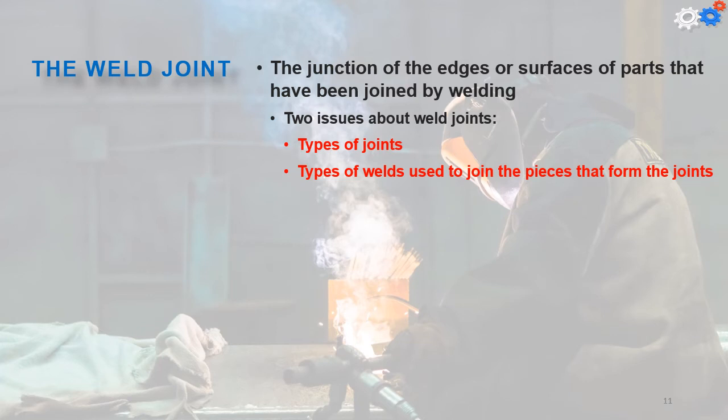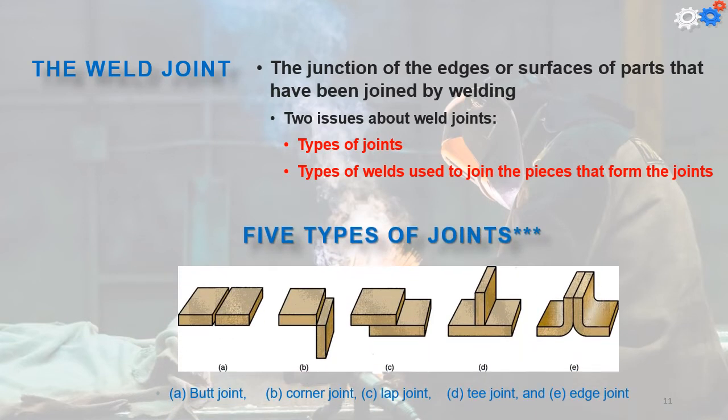The junction of the edges or the surfaces of parts that have been joined by welding is known as the weld joint. There are two issues about weld joints: the types of joints and the types of welds used to join the pieces that form the joints. The five most common types of joints are the butt joint, the corner joint, the lap joint, the tee joint, and the edge joint.